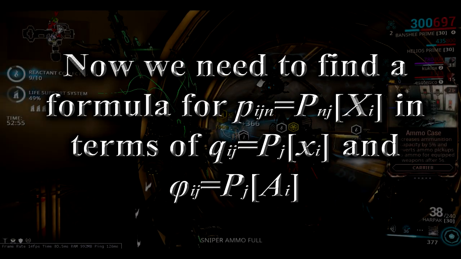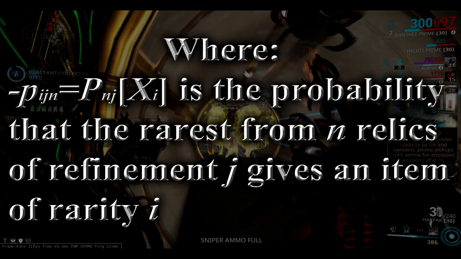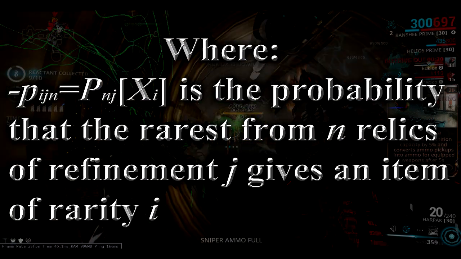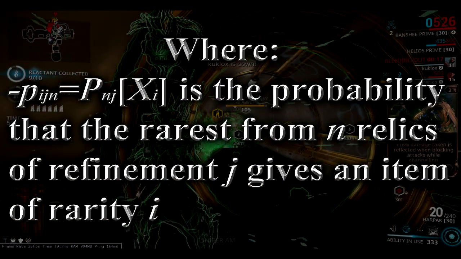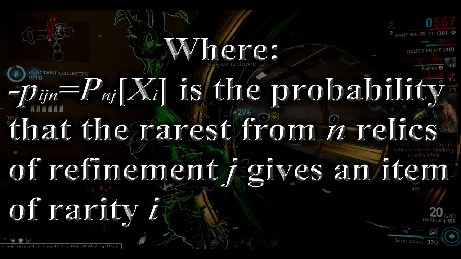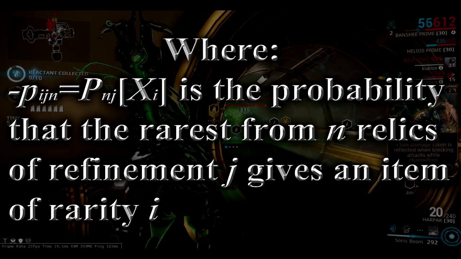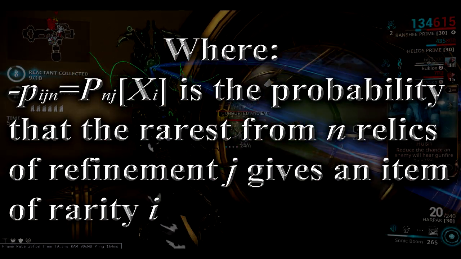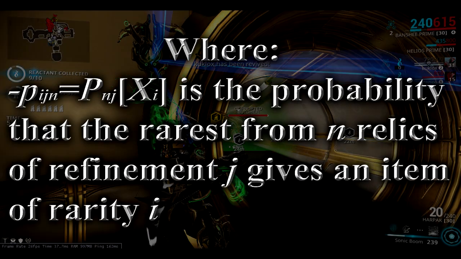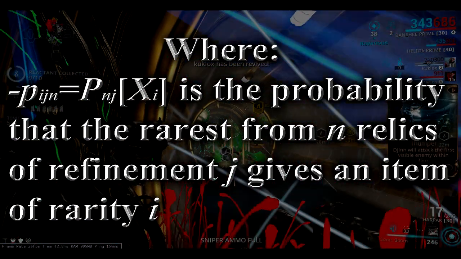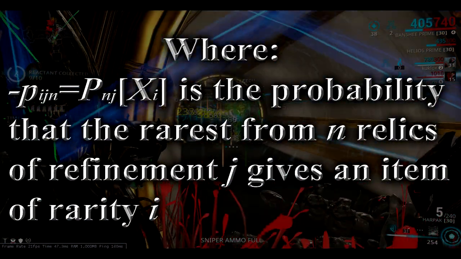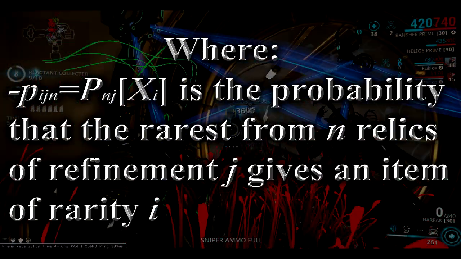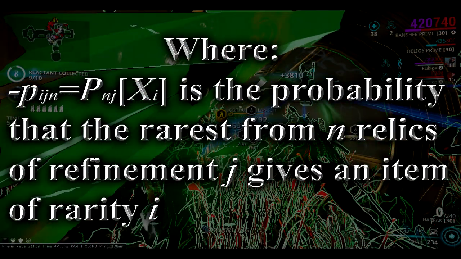Alright? So let's explain all that index rubbish we have over there. So for Pijn, it is the probability that the rarest drop from n relics of refinement j gives an item of rarity i. So n relics means that there are n people in the squad for the run. Refinement j refers to how refined your relic is.